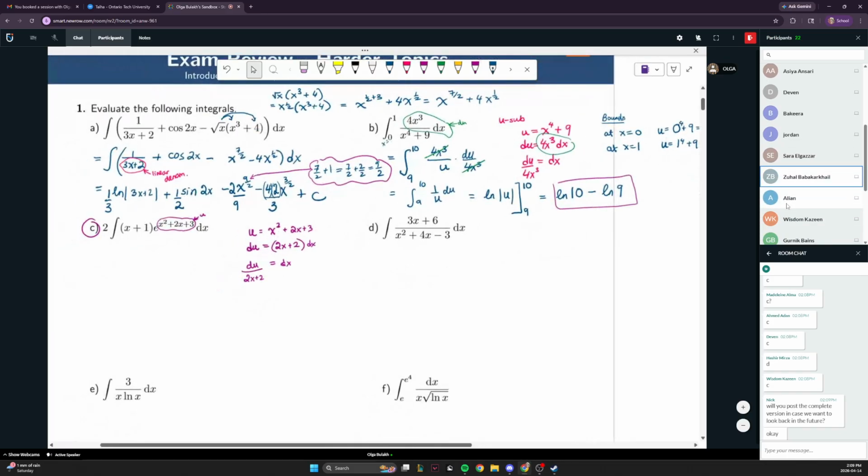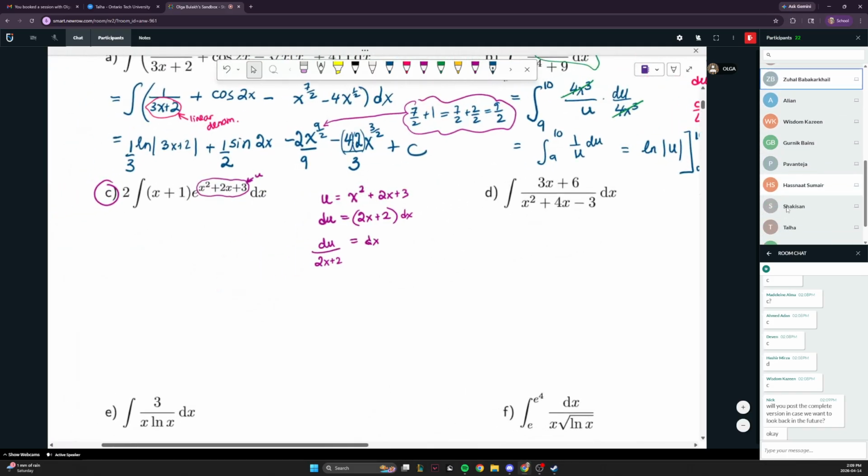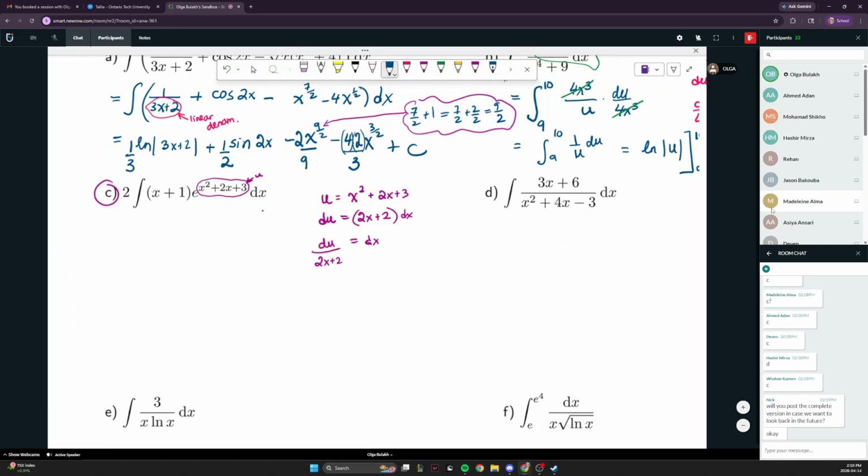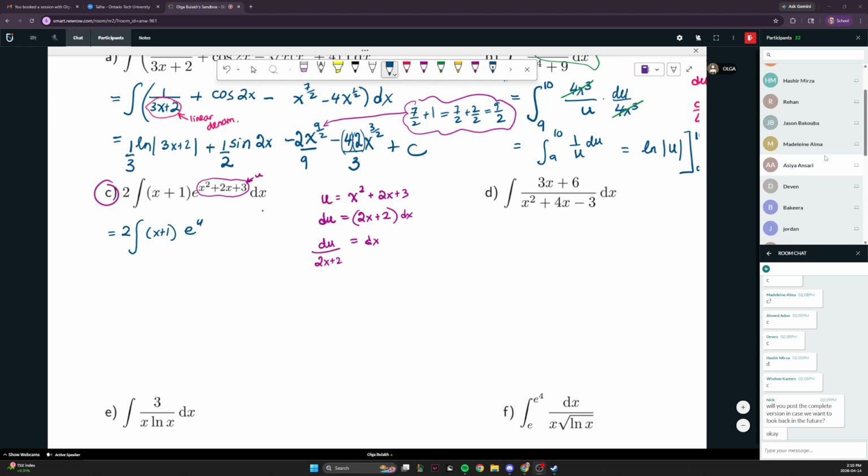Now 2x plus 2, if I replace the dx, I'm going to leave the 2 here for now, and this 2 could actually be inside or outside the integral. x plus 1, e to the u, and for dx, that's where we put du over 2x plus 2.